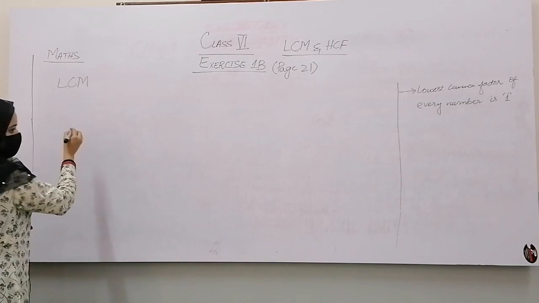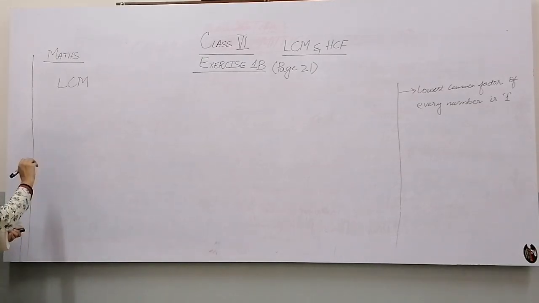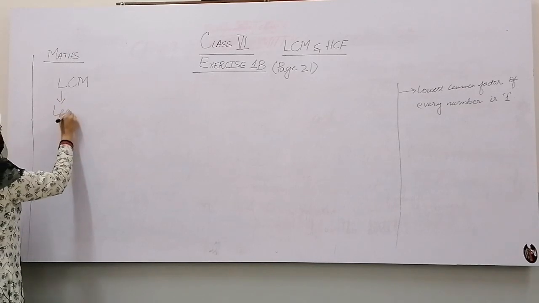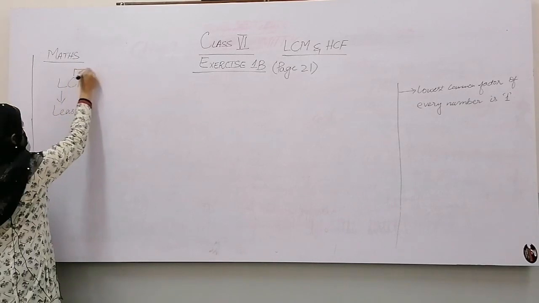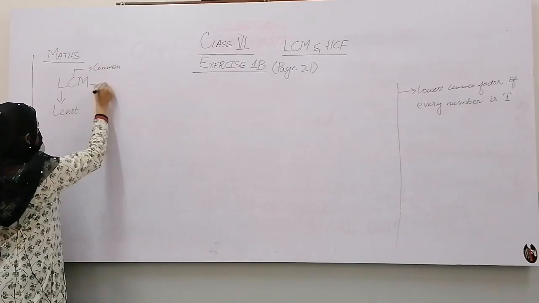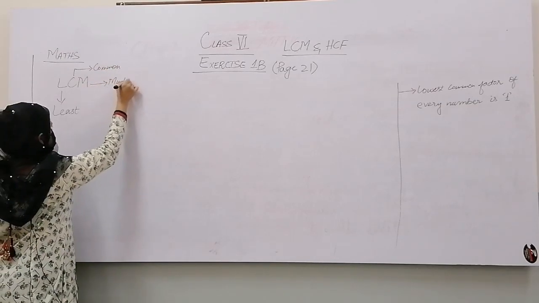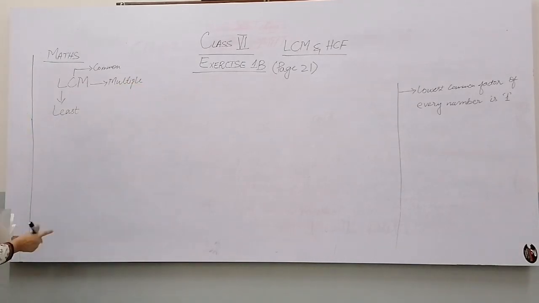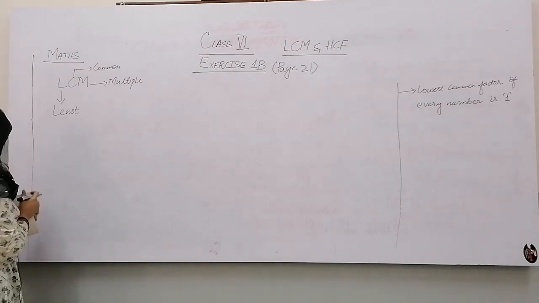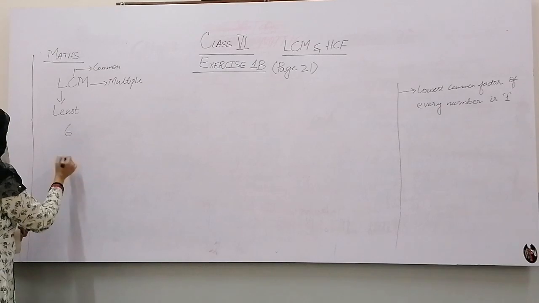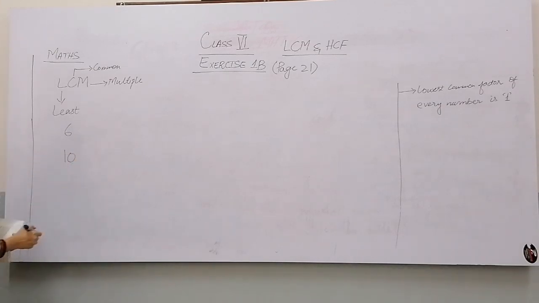Least common multiple means least common multiple. Same numbers. Let's say we have 6 and 10.